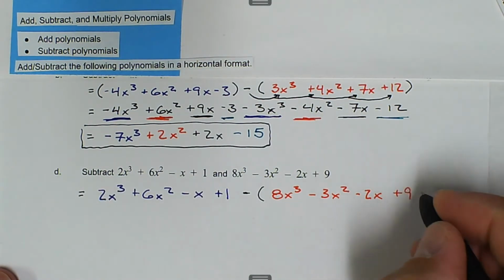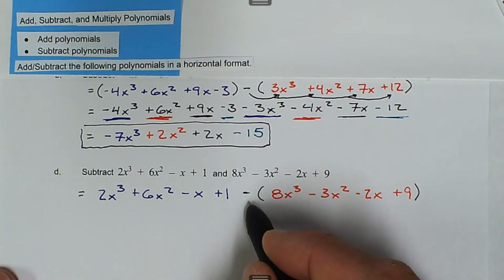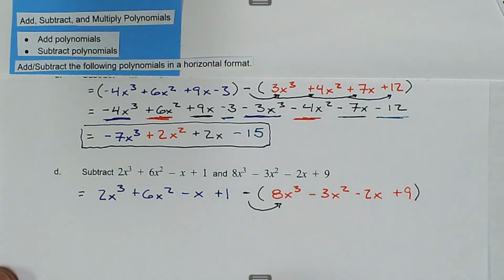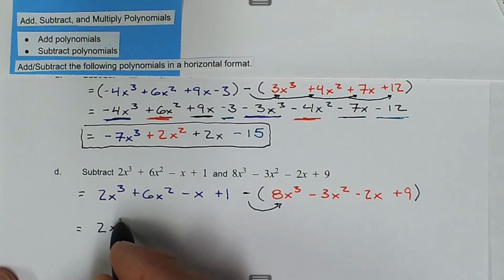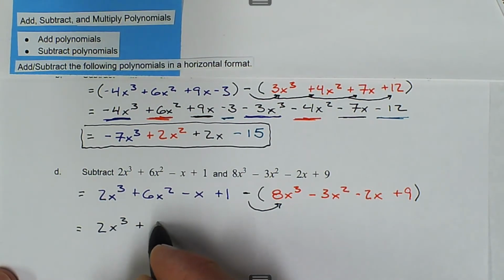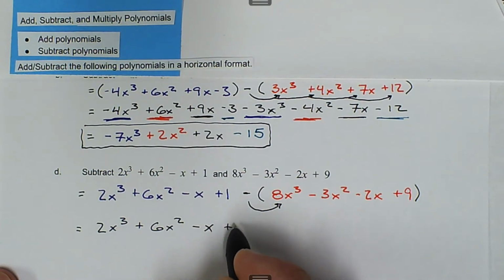We have the two polynomials, and what we have to do now is distribute the negative to each term in the polynomial. I guess I should write down this first one first. There's nothing to do here, so we can just write it down: 2x cubed plus 6x squared minus x plus 1.